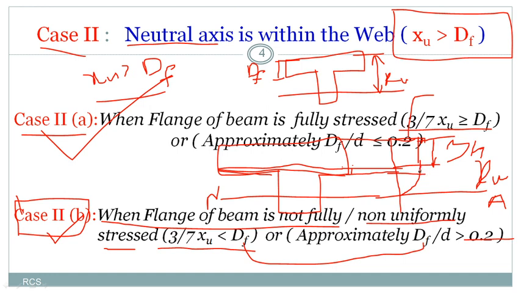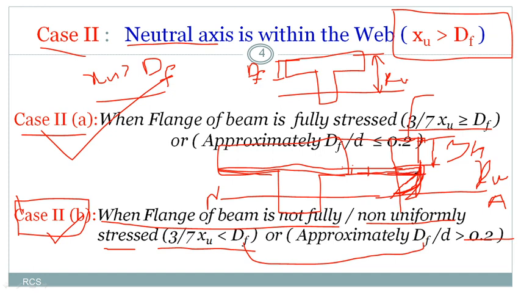If you see the surface of this parabola, it is not constant like the rectangle, but it is a curve like this, so the stress will not be distributed uniformly here. That's why I call it non-uniformly stressed, or not fully stressed. Up to this rectangle portion it is fully stressed, but this portion of the DF falls in the parabolic region of the stress distribution diagram. There in the parabolic region we will not get the same stress at each point.